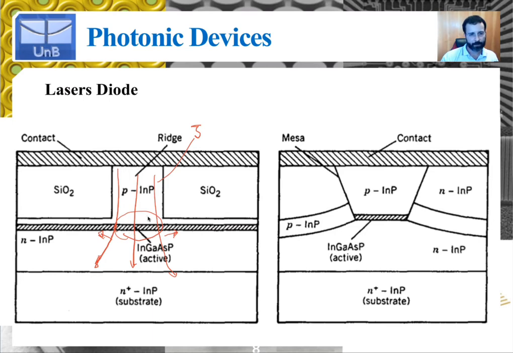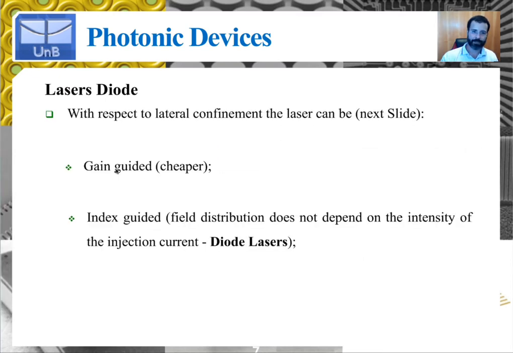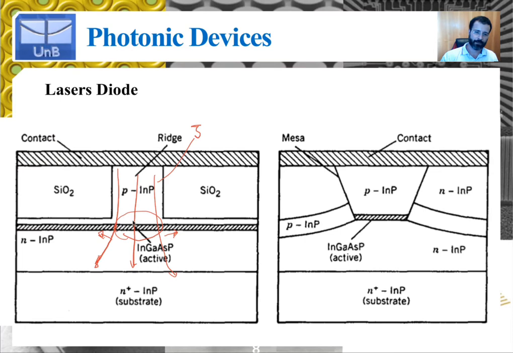And therefore, this is why this device is called gain guided, right? Because basically the gain, which is due to the excess carrier, is responsible for raising the refractive index. So the free carriers make it so that the refractive index is slightly larger, and therefore light is confined in this way, right?